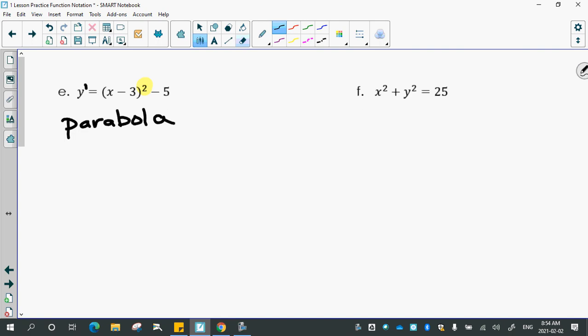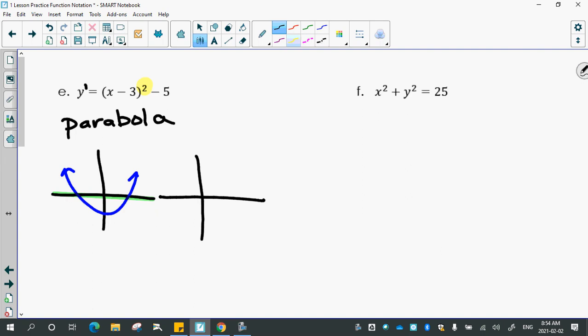They open upward. Are they functions? Yes. Every x value has only one corresponding y value. Everybody good? Okay.